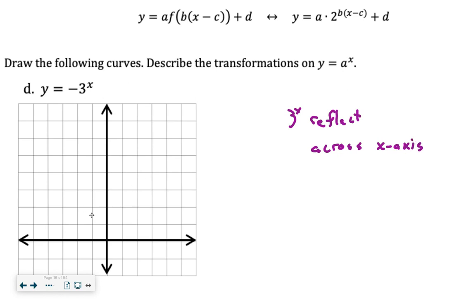So 3 to the x, let me graph this one first, would go through the points negative 1, 1/3, 0, 1, and 1, 3.